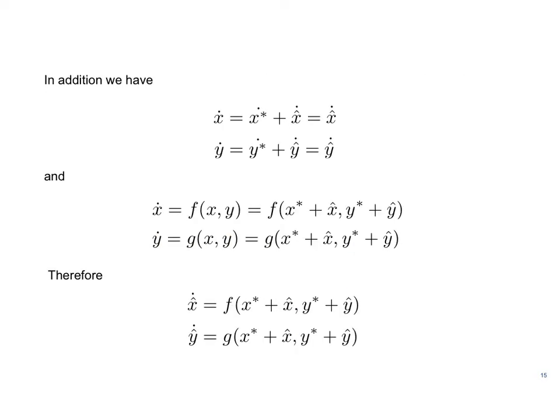Similar again to the 1D case, we make this connection, and we know that if we have a dynamics in this x, it is because we have a dynamics in the corresponding perturbation. Remember that these quantities here and here are just 0, because a fixed point does not move, it's just static. Then if we have a change in x, it's because we have a change in the perturbation.